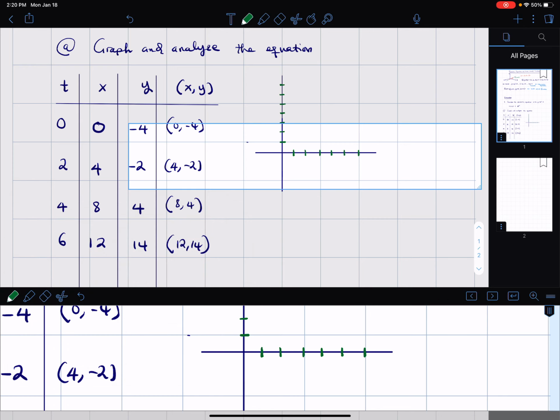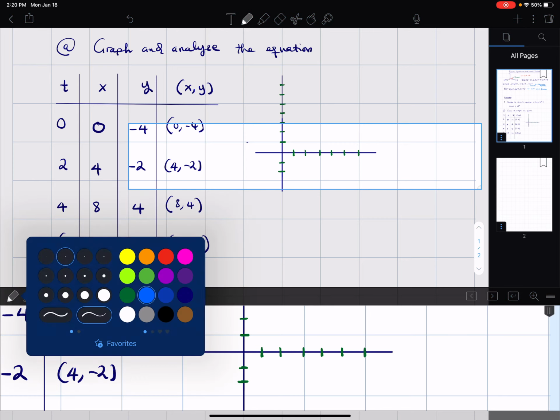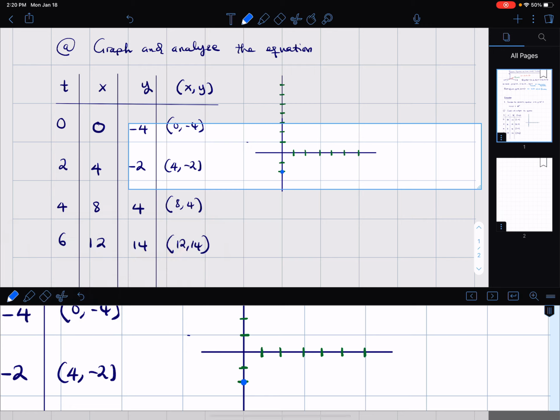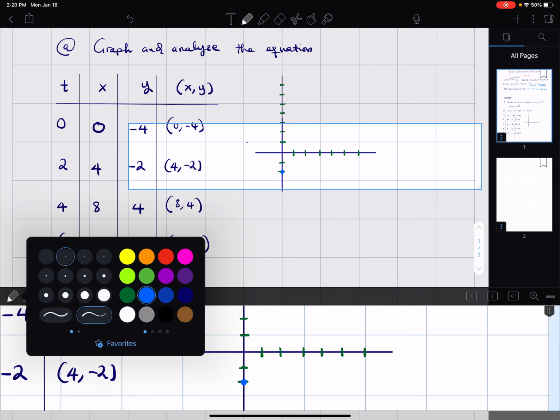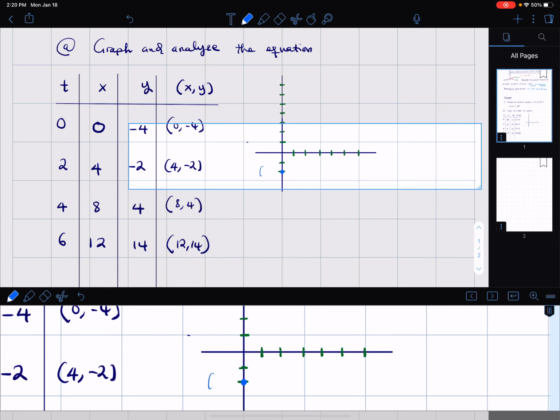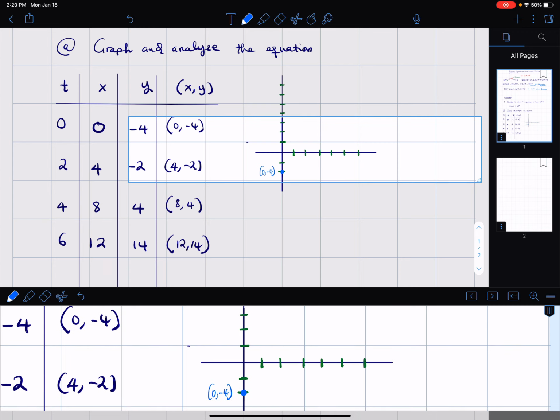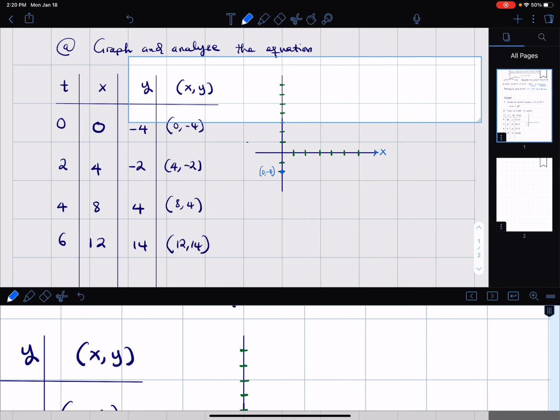So this point is 0, negative 4. I'm not going to write all the points, but you see where I'm going with this. By the way, this is the x-axis and that is the y-axis.